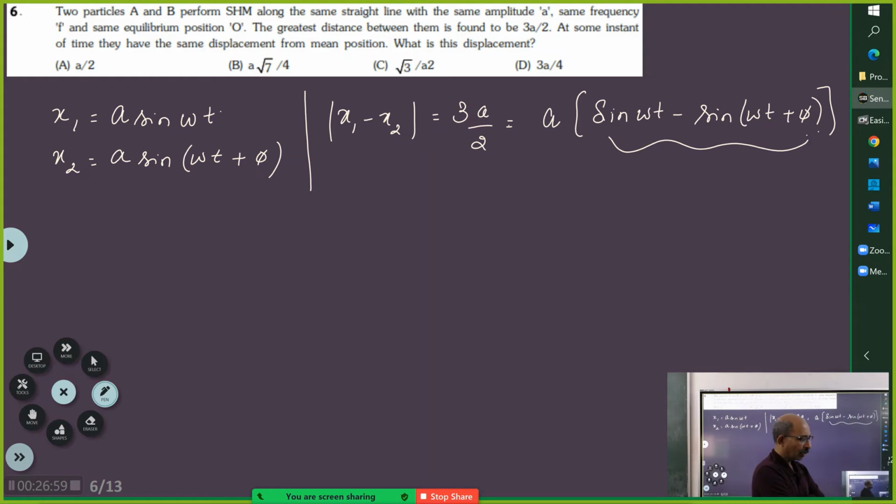You should go with the mathematical model and solve. That's what I cautioned you. In such type of problems, don't go with logic. If you got a by 2 by logic, fine, but you verify it by mathematical model before you mark the answer.